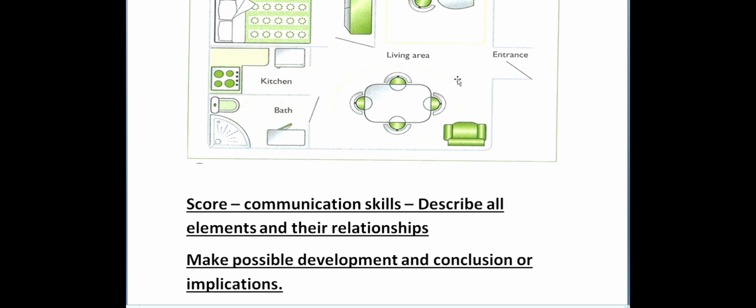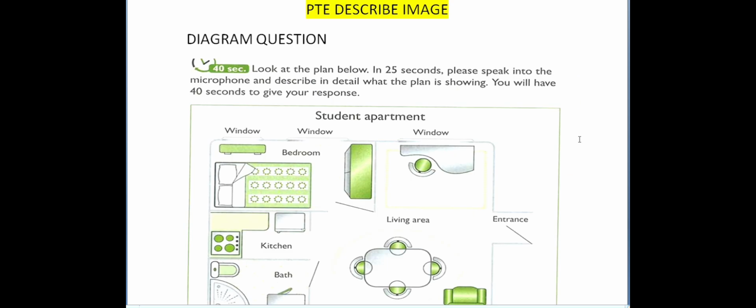What is the possible development? How is the living area? How is the entrance? So that is what you speak. What is the conclusion? You draw a main summary of the picture. Is the picture good? Is the picture benefiting to a student? Something like that. So that is called development or conclusion given to the diagram.